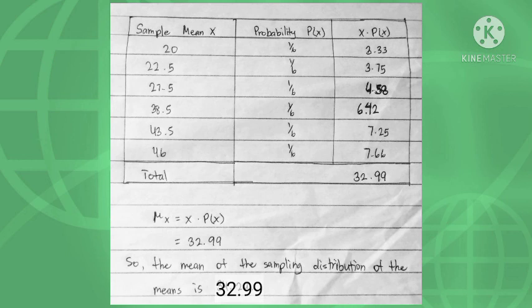So we have 20 multiplied by 1/6 is equal to 3.33. We're going to repeat the process until we get to the bottom. After that, we're going to add our answers. 3.33 plus 3.75 plus 4.58 plus 6.42 plus 7.25 plus 7.66 is equal to 32.99. So the mean of the sampling distribution of the sample mean is 32.99.